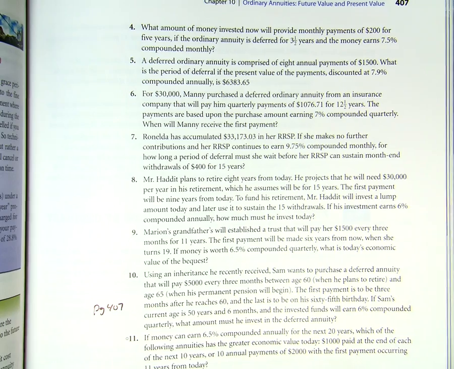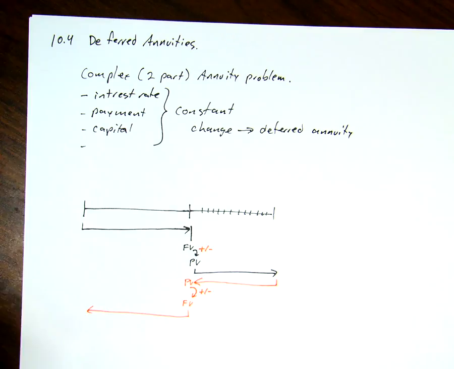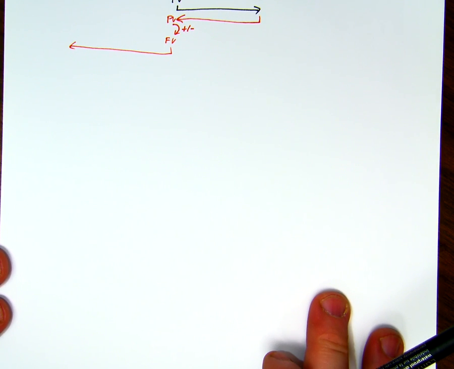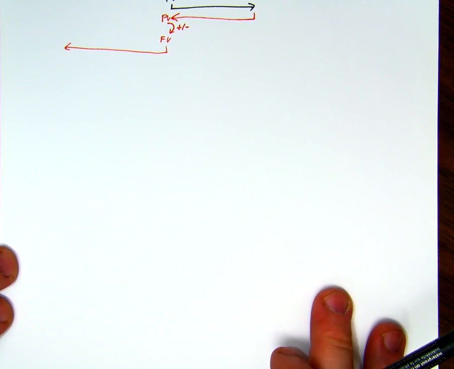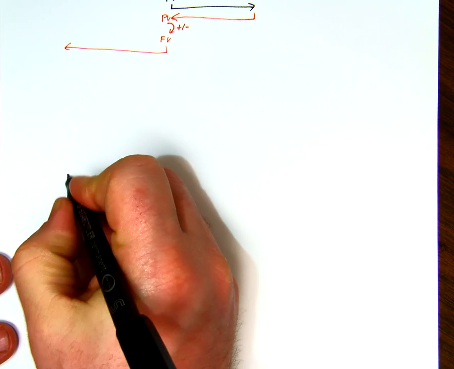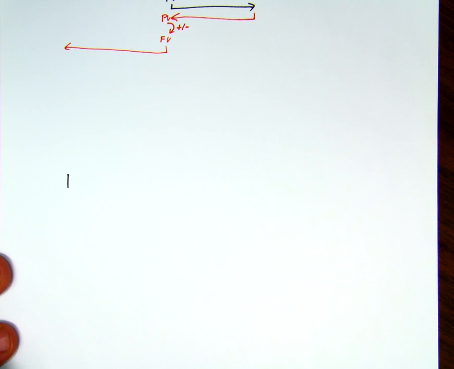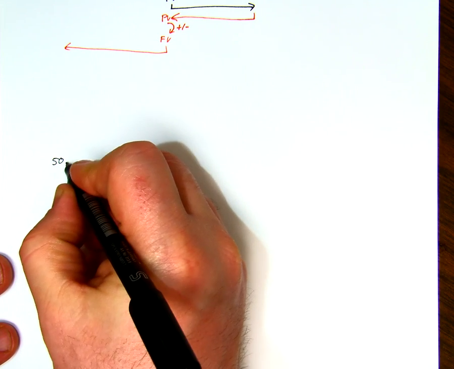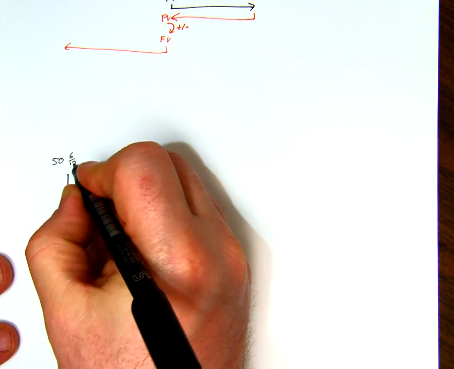Okay. For this, we always start with a picture. In our deferred annuity picture, we have a starting time, which is age 50 years and 6 months.